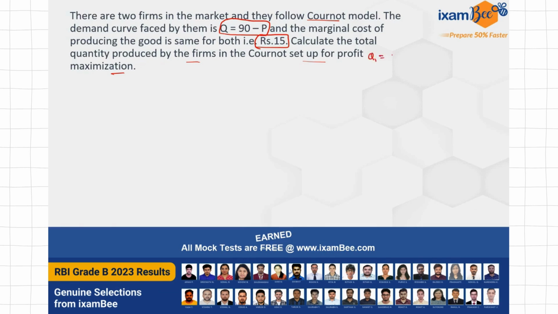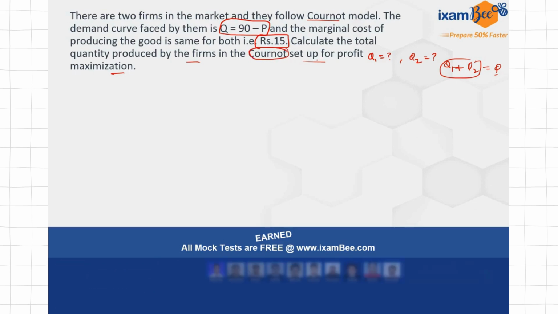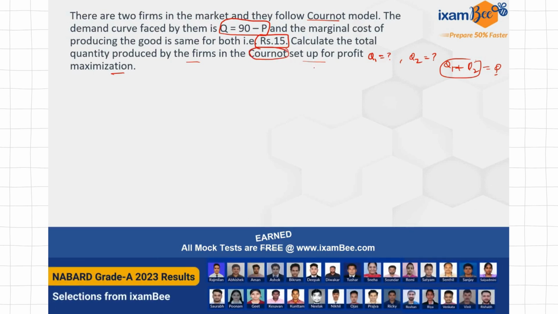So you have to find out Q1, Q2, and then the total quantity, which is Q1 plus Q2, produced by these two firms in the Cournot setup. We know that the Cournot setup is where the firms are choosing quantities, whereas in the Bertrand model, firms choose prices.